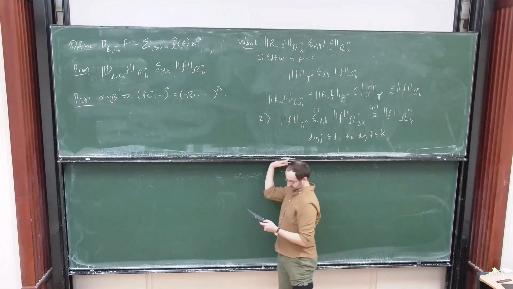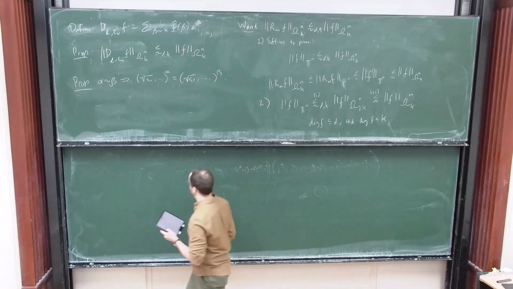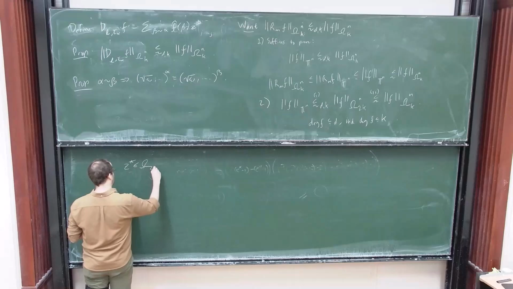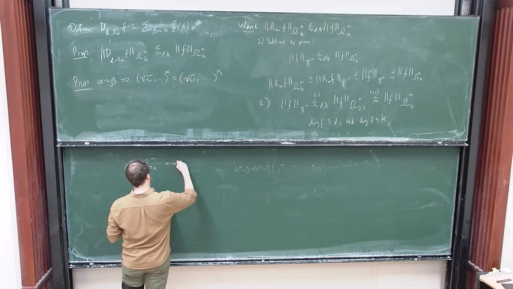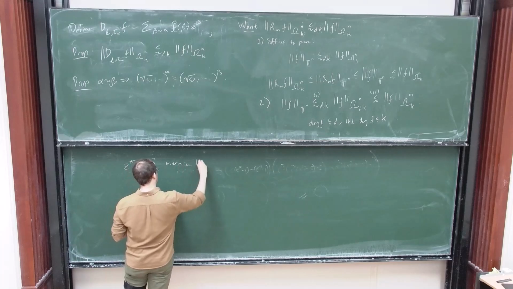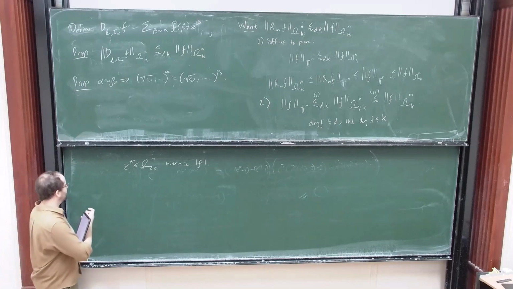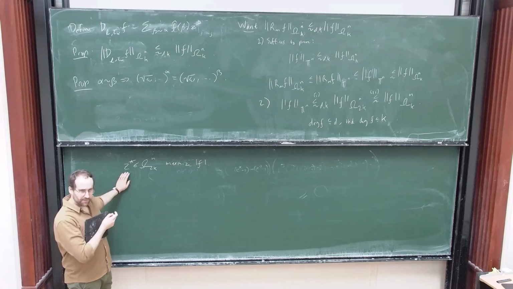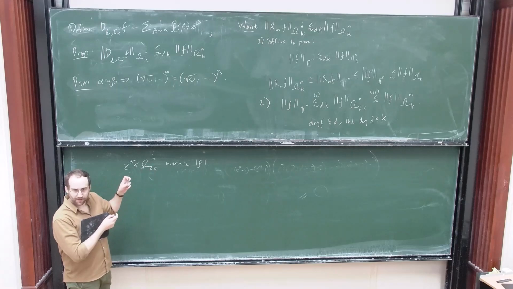Okay, so maybe I can just say in words some of this. We're going to let z star in omega 2k to the n maximize f. What that means is that for some coordinates of z star, it's going to live on omega k, so it's a well-behaved point.